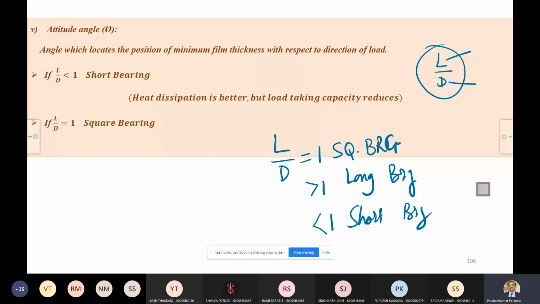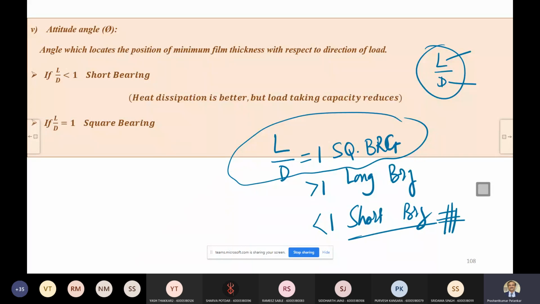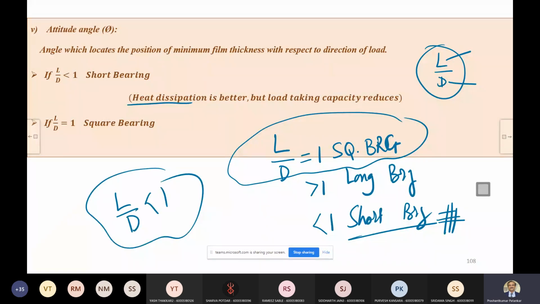As far as possible in our design, we are going to take the square bearing. Whenever we solve a problem, we take the L by D ratio as 1. If the L by D ratio is less than 1, it is a short bearing, and you will have a problem: heat dissipation is better, but the load carrying capacity will be the problem.